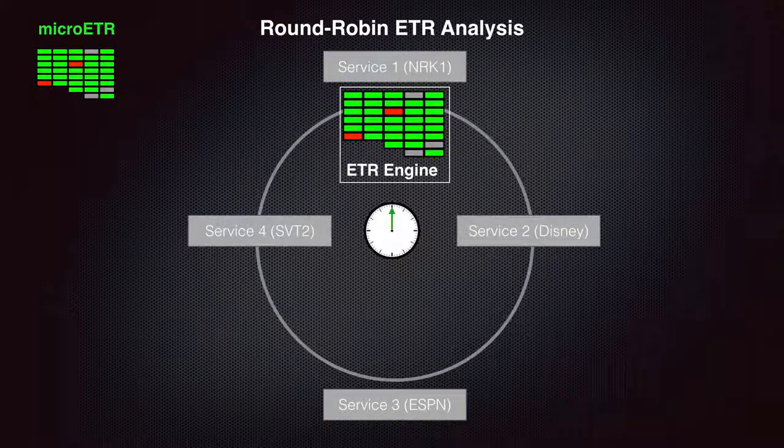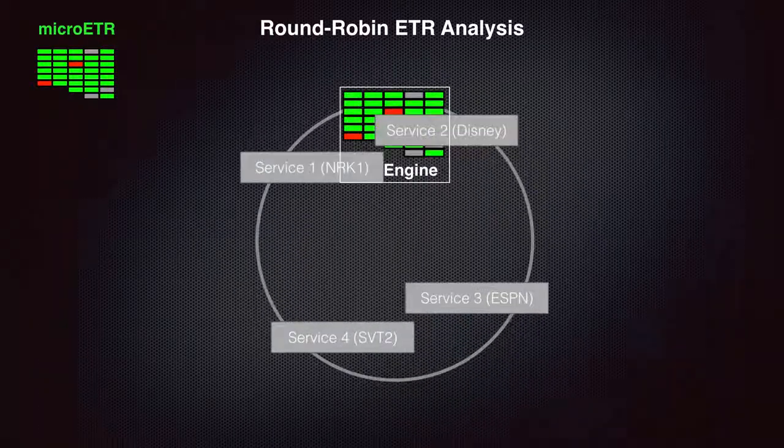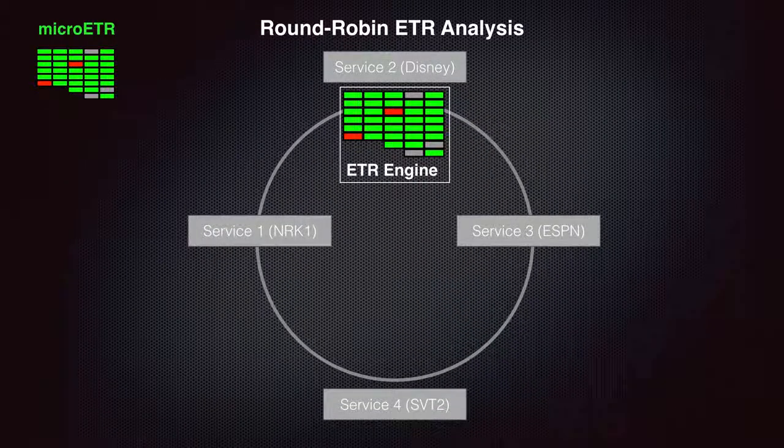In this example, we have 4 multicast streams sharing an ETR engine. You can see that service 1, NRK, is currently being tested. The clock in the centre represents the user-defined time that the service spends being tested. When the time slot is completed, the services shuffle round and testing begins again on service 2.